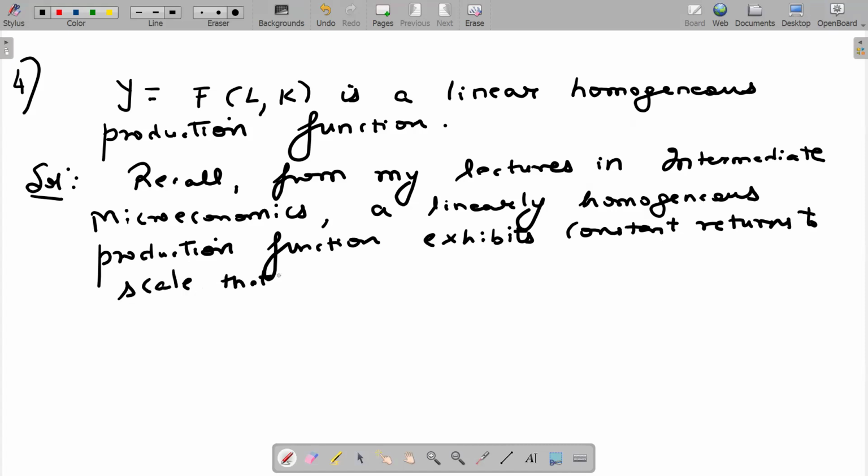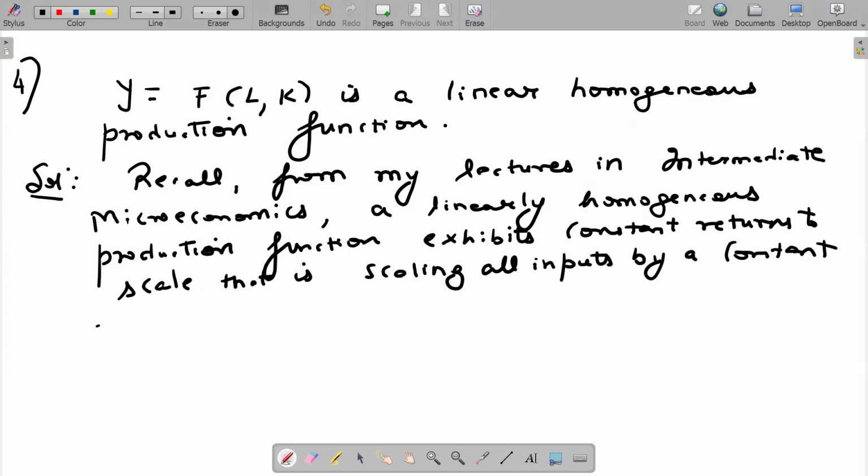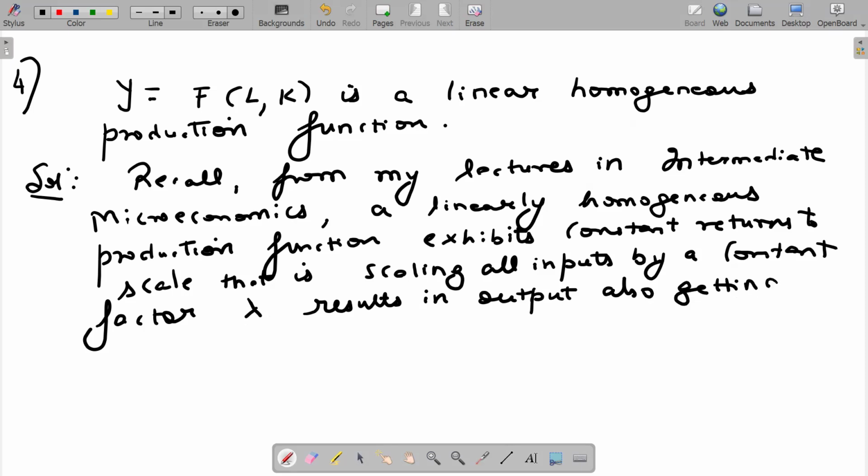That is, multiplying, or I can say scaling, all the inputs by a constant factor lambda results in output also getting scaled up by the same factor lambda.